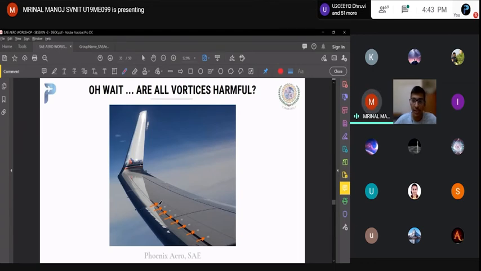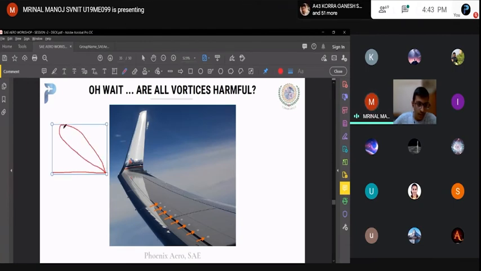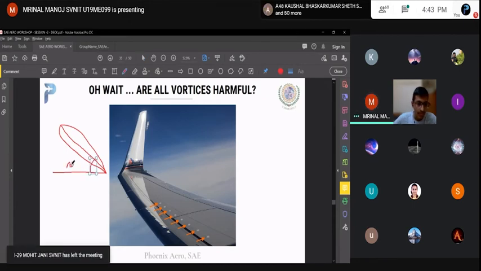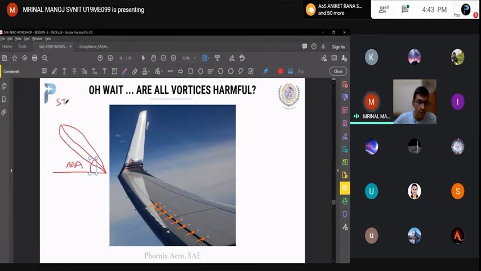What these vortex generators do is this: we know that when an airfoil is present, you have your chord, and this is your angle of attack. At the stall angle, which is the angle of attack at which the airfoil fails to produce lift, the airflow just goes by and they never meet.